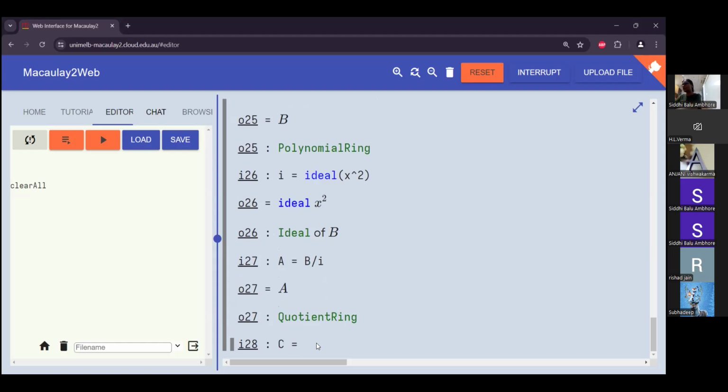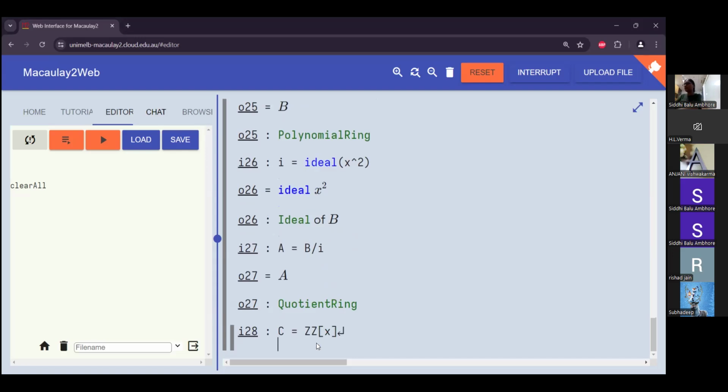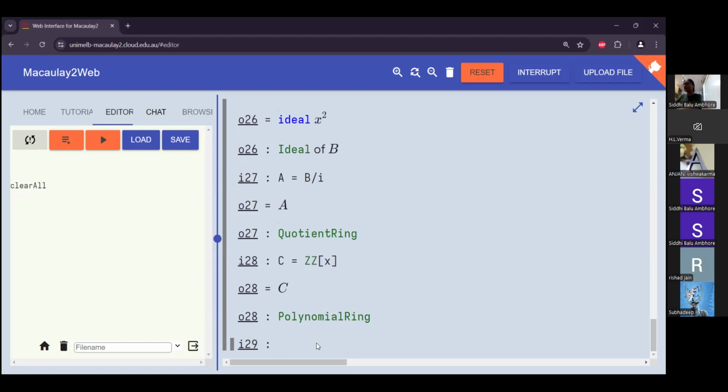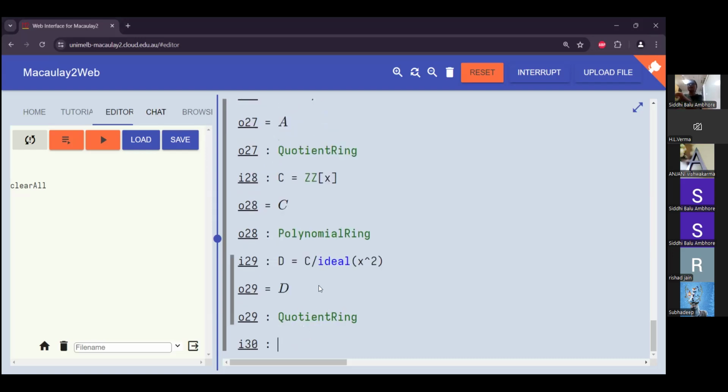C is equal to ZZ or QQ for that matter, Z[x]. And you can just write D is equal to C quotiented by the ideal x square. So you can also define it like this.